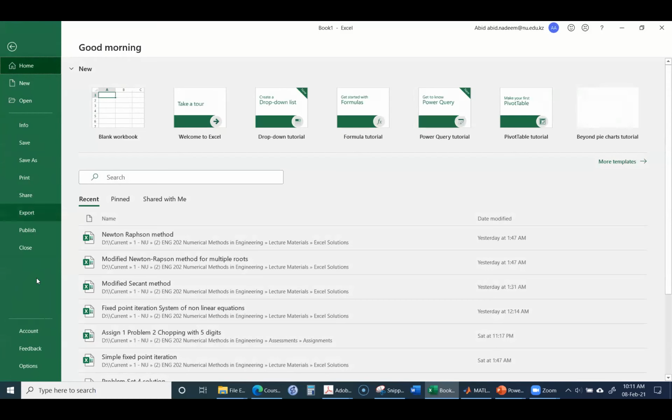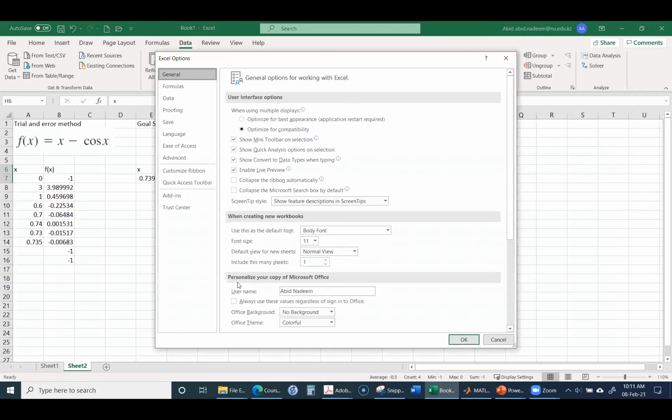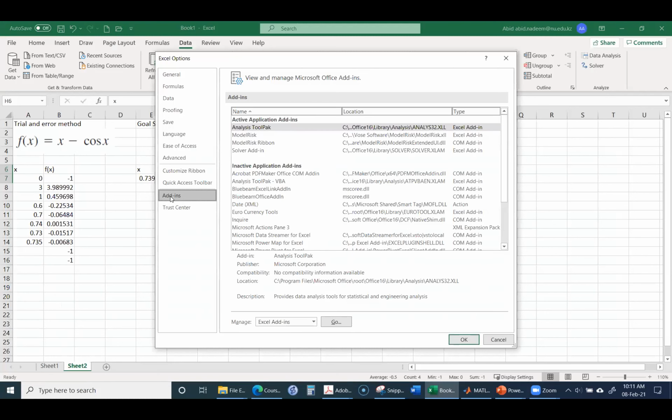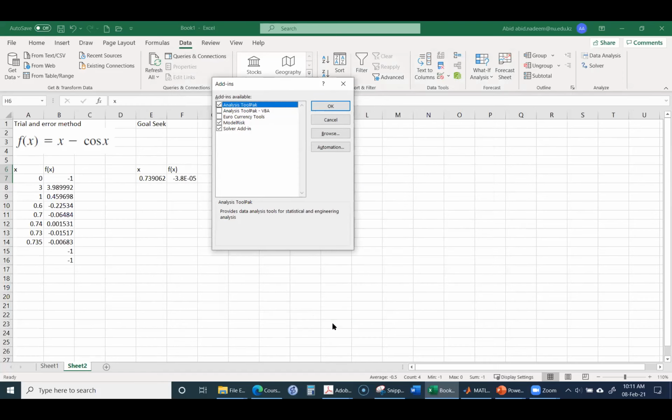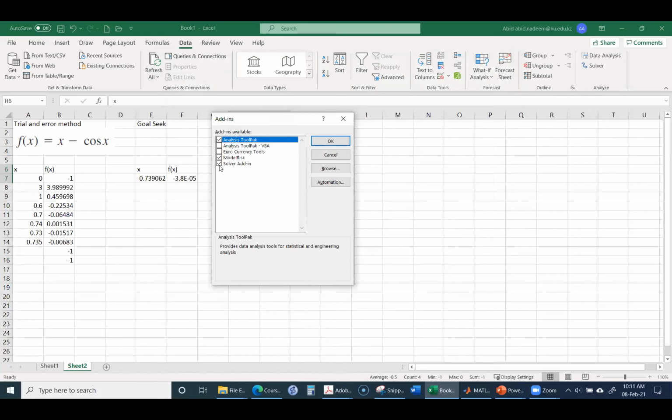You go to options, click add-ins, and in the manager you select Excel add-ins. In Excel add-ins you click go, and then select the solver add-in. I already have it selected, but if you cannot find it in your main Excel view, you can add it in from here.